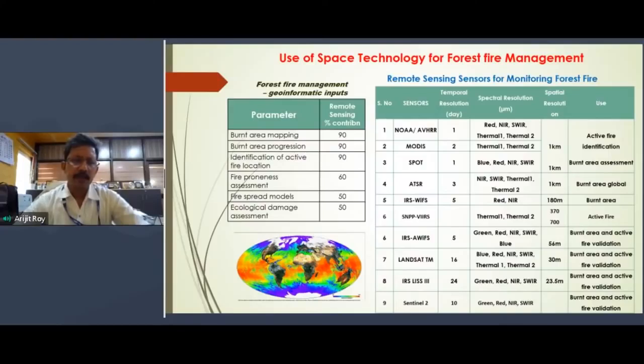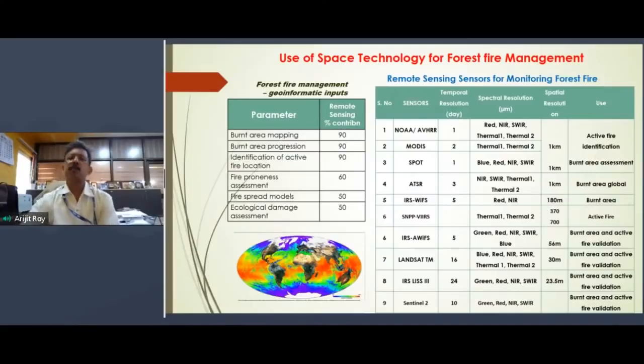For parameters like burnt area mapping, burnt area progression, or identification of active forest fires, almost 90% of the inputs are from the remote sensing data. Whereas when we talk about fire proneness or fire spread models or damage assessment, we need information from other sources also, like ground-based sensors.